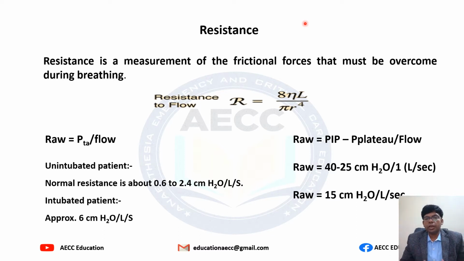The resistance to airflow through the conductive airways, that is the airway resistance, depends on the gas viscosity, gas density, the length of the airways, the diameter of the tube, and the flow rate of the gas through the tube, as defined by Poiseuille's law. During mechanical ventilation, the viscosity, density, and tube or airway length remain fairly constant.